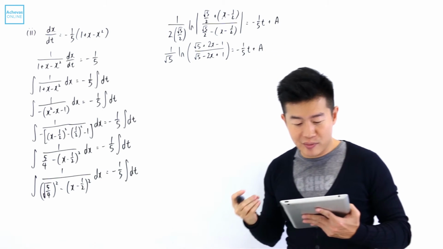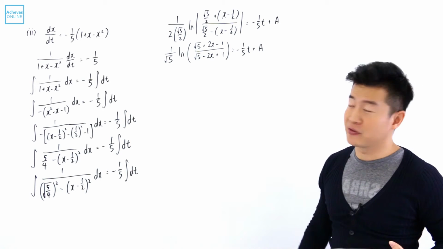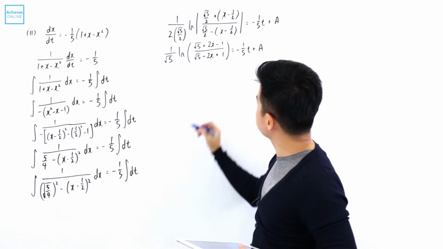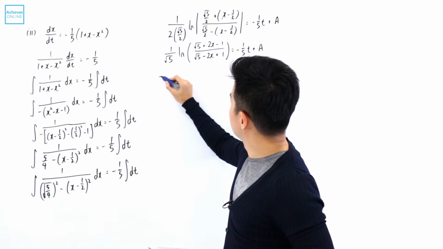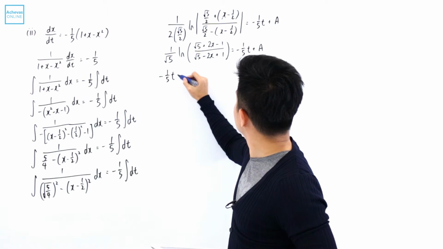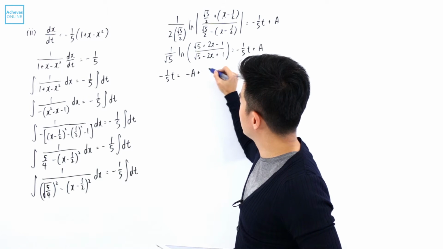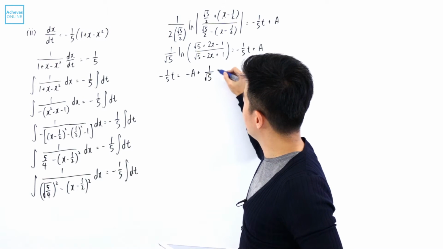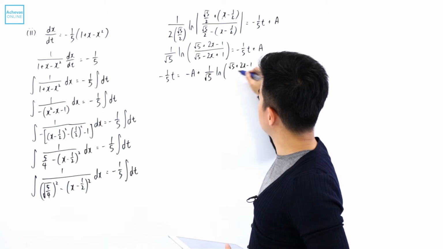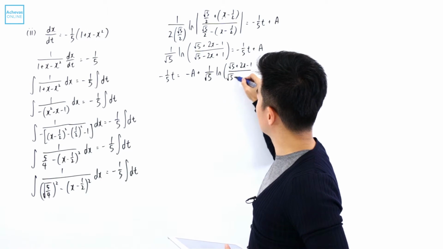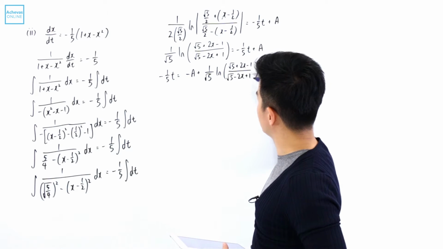Since the question wants me to find t in terms of x, let's make t the subject. Bring a over to the other side. It is going to be minus 1 over 5 t is equal to minus a plus 1 over square root of 5 ln of (square root of 5 plus 2x minus 1) over (square root of 5 minus 2x plus 1).